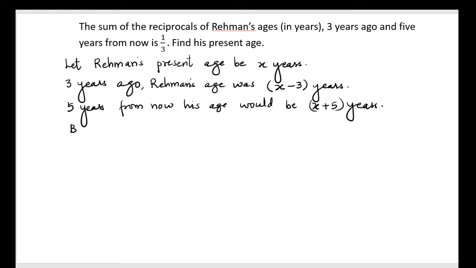As the condition in the problem says, the sum of the reciprocals of Rahman's ages in years 3 years ago and 5 years from now is 1 upon 3. So we will consider the reciprocal of x minus 3, which is 1 upon x minus 3, and add it to the reciprocal of x plus 5, which is 1 upon x plus 5.